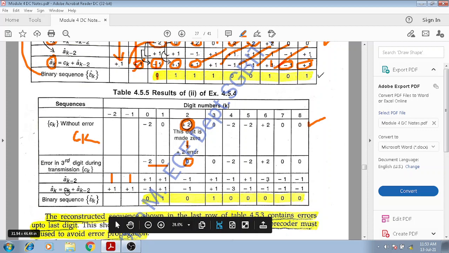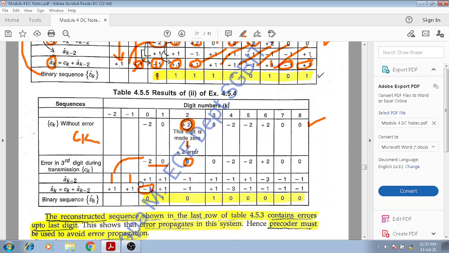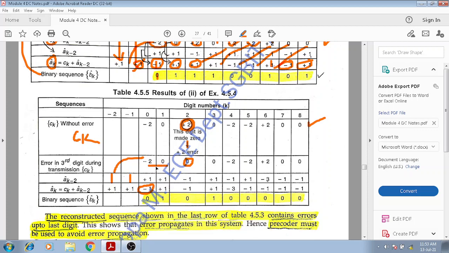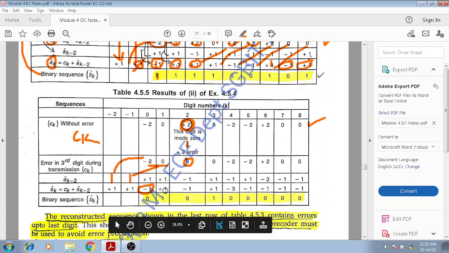So ak cap is equal to ck plus ak minus 2. For the present bit in ck, minus 2 plus 1 is minus 1. Is that clear? And for this 0 bit, this becomes ak minus 2, so 0 plus 1 is plus 1.